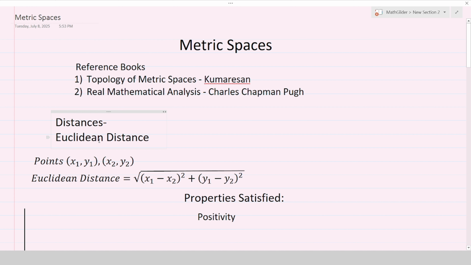So we know this Euclidean distance we have learned in high school or in 12th standard, right? Let's take 2 points (x1, y1) and (x2, y2) in the R2 space. We calculate the Euclidean distance by the formula: square root of (x1 minus x2) whole squared plus (y1 minus y2) whole squared.